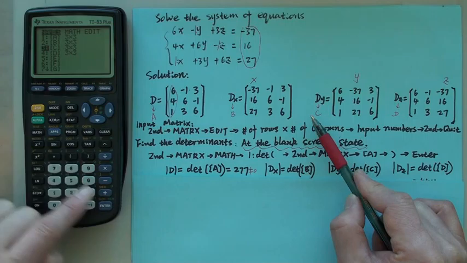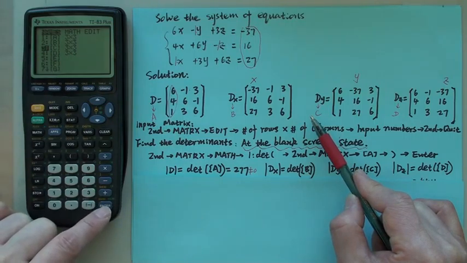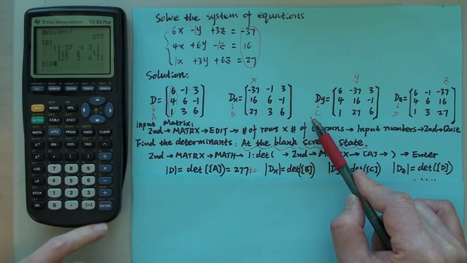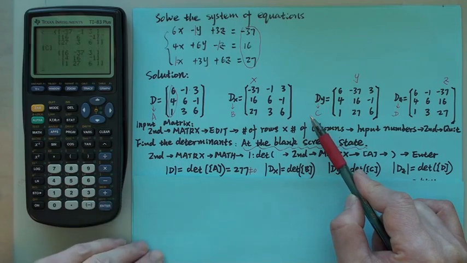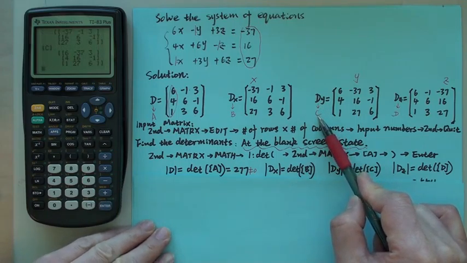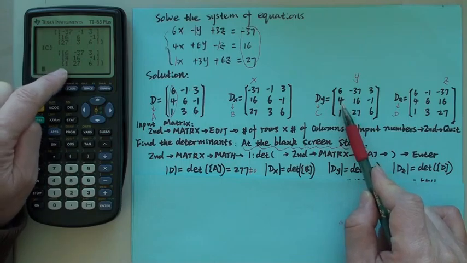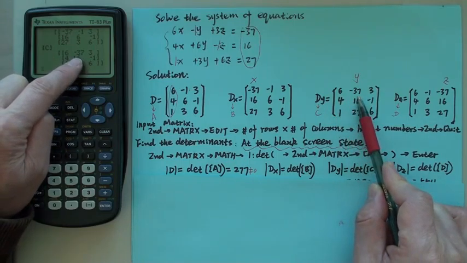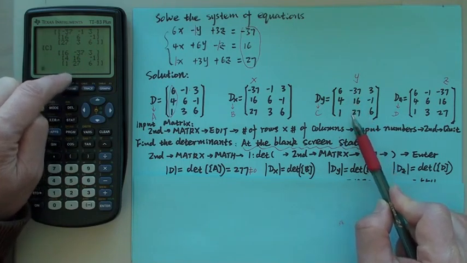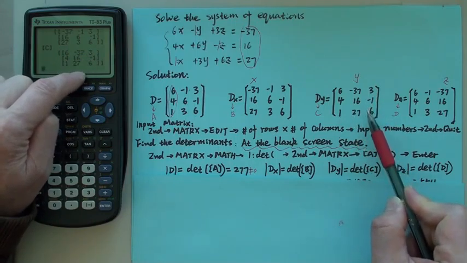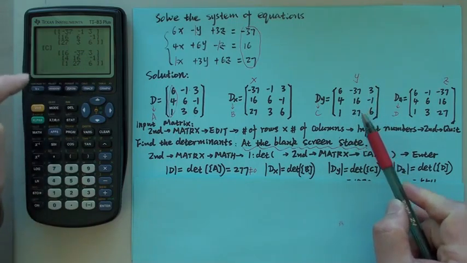Here 3 is already highlighted, so we hit enter. You see 6, 4, 1; negative 37, 16, 27; 3, negative 1, 6.